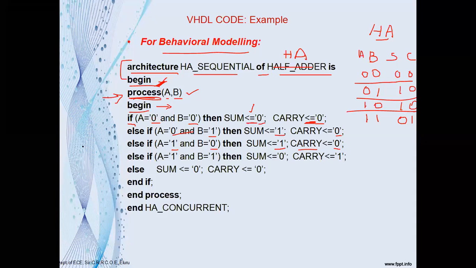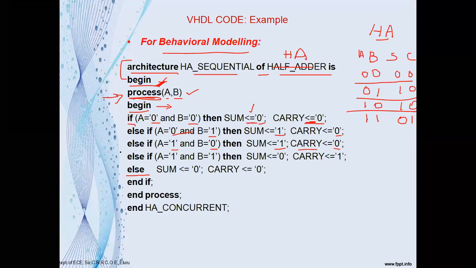If it is not the case, then for the last case, here we are using the else. So if, else if, else. If the first condition fails, then the second condition, then the third condition, and if not, finally else. Only one final condition, else.